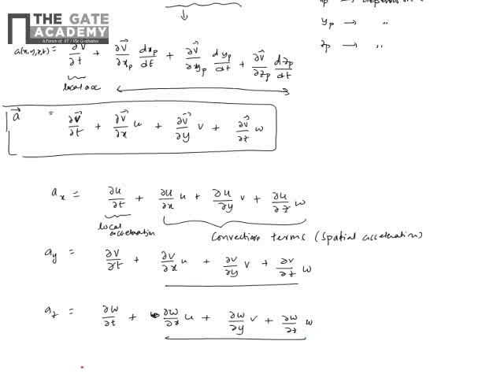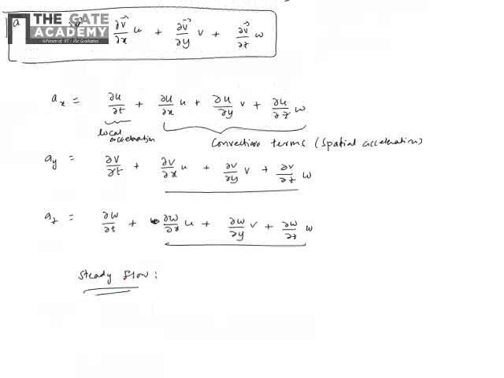Now when you have a steady flow, something which doesn't change with time, your u, v, w are not functions of time. So all these local terms will be zero: dou u by dou t, dou v by dou t, and dou w by dou t are all zero.